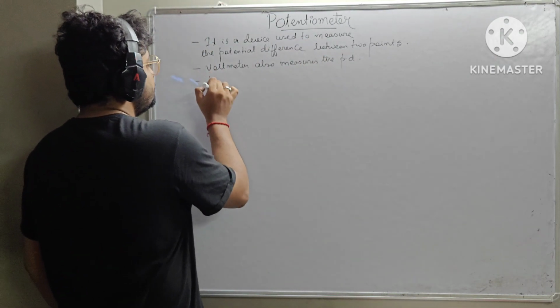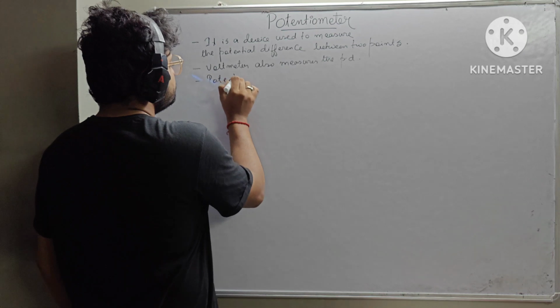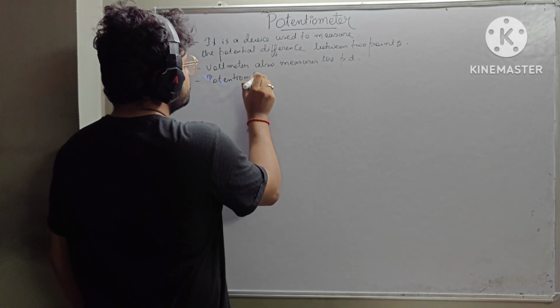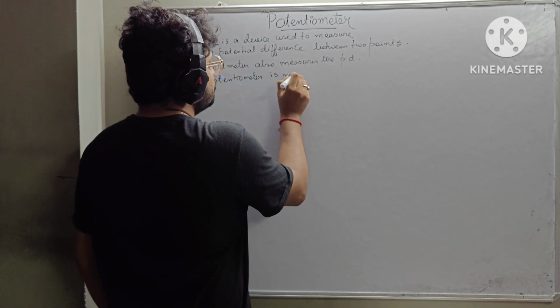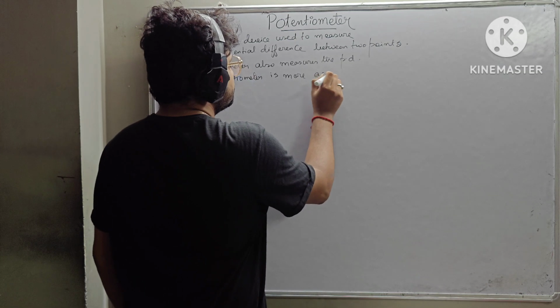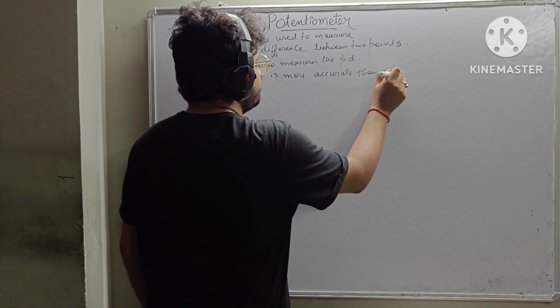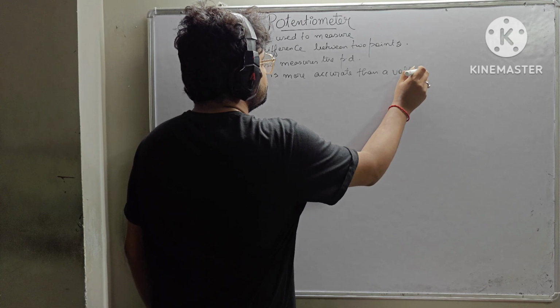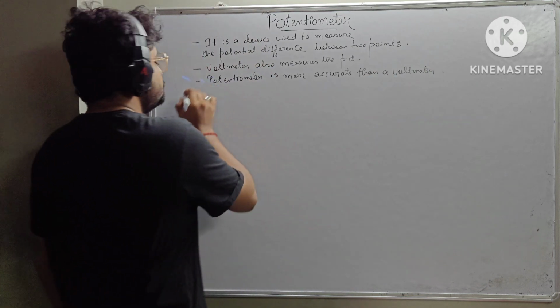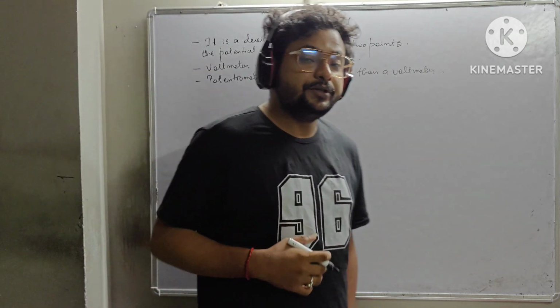So a potentiometer is more accurate than a voltmeter.